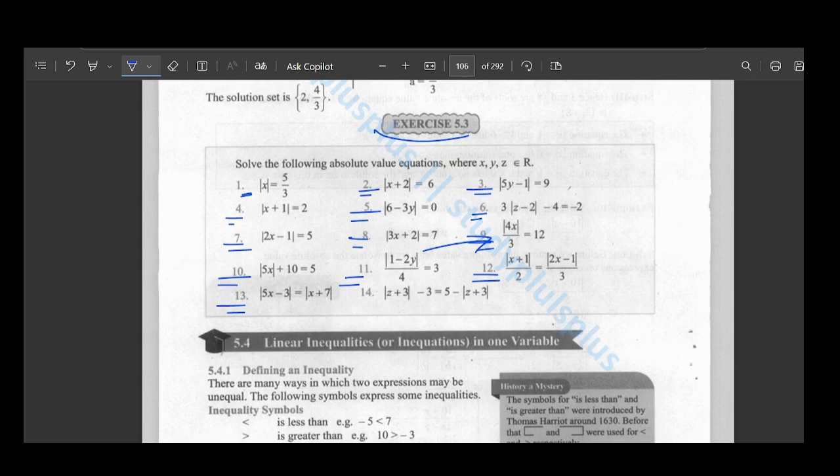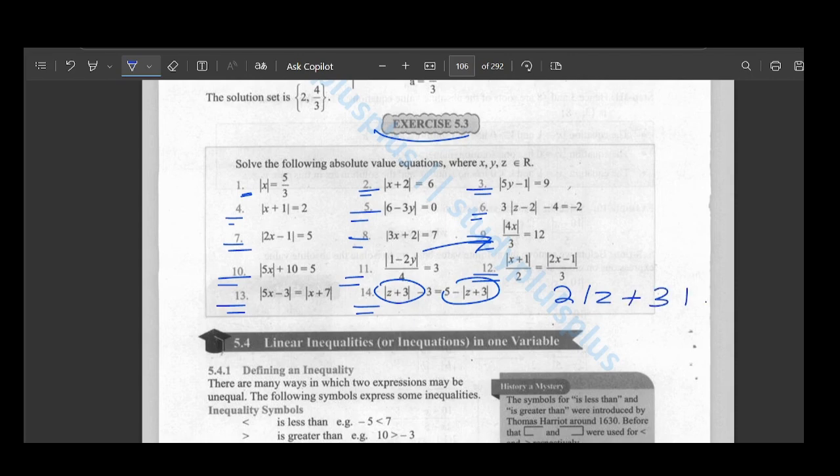Okay. Now here the last question of the exercise is the absolute value of z plus 3 minus 3, and that is equal to 5 minus the absolute value of z plus 3. Okay, let's start by solving this expression first. So now if you look closely, z plus 3 is here, and then we have z plus 3 on the right side. So we can just write 2 and then z plus 3.